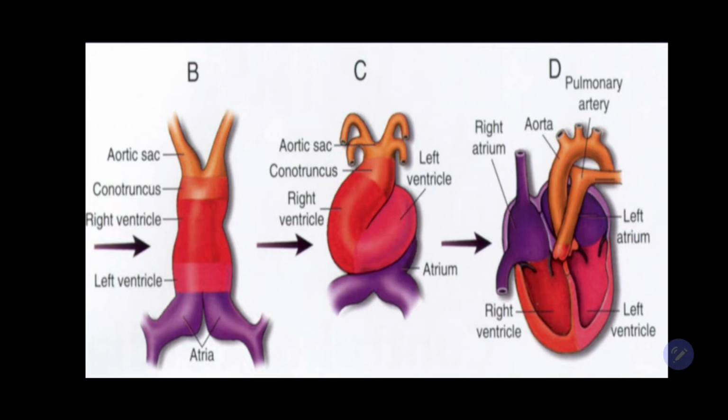But now it is time to divide them into right and left parts, and that happens with the origin of the four endocardial cushions which appear at the atrioventricular canal. As you can see here, the common atrioventricular canal, and there is appearance of superior, or you can say ventral, inferior, also called dorsal, and two lateral endocardial cushions.